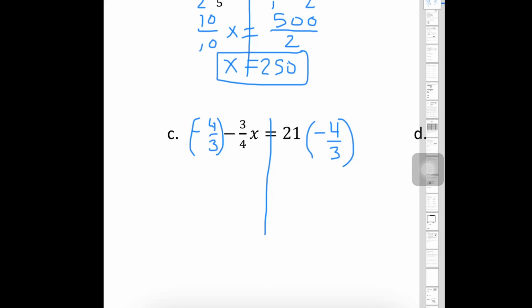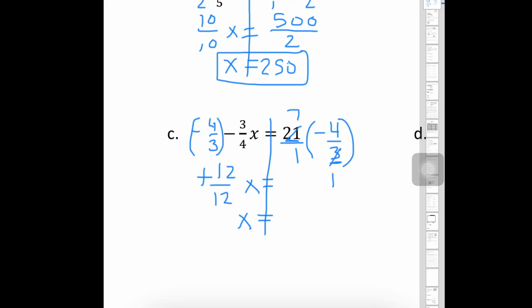And then when it comes to solving, notice on the left side there's two negatives. A negative times a negative is a positive. And 4 times 3 is 12. And 3 times 4 is 12x, which is the same as positive 1x. So there we go. We've got x by itself. On the other side, I'm going to do a little bit of cross-canceling again. Both the 3 and the 21 can both be divided by 3.